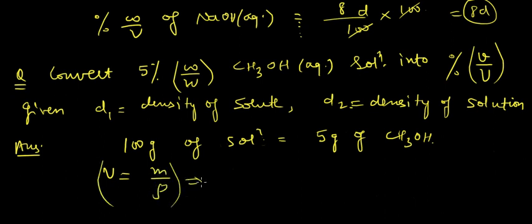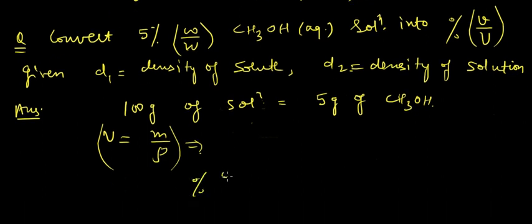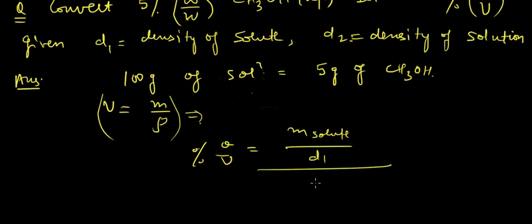Using the same formula, percentage small v by V would be mass of solute upon density of solute, which is D1, upon mass of solution upon density of solution, which is D2. This into 100 would be our answer of percentage v by V.